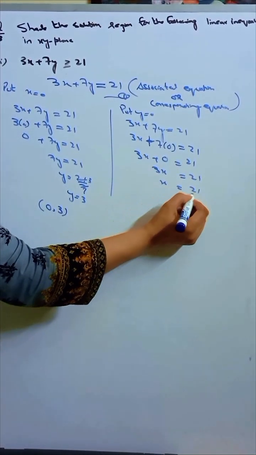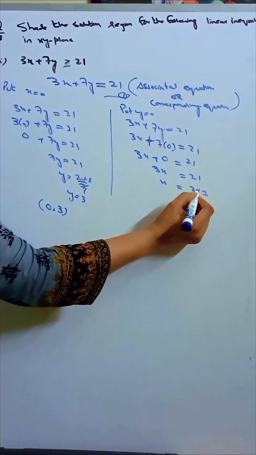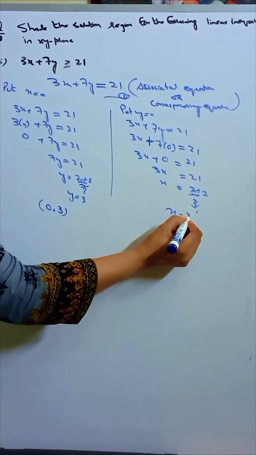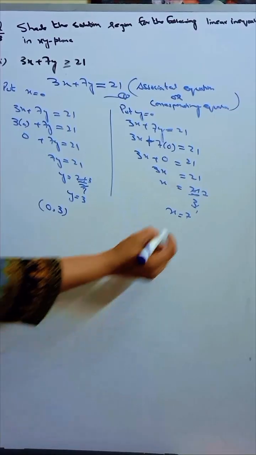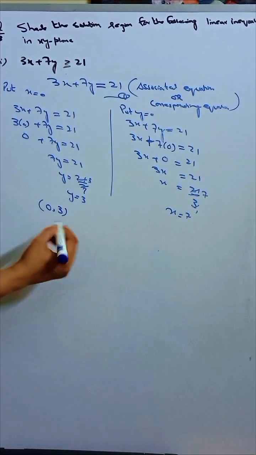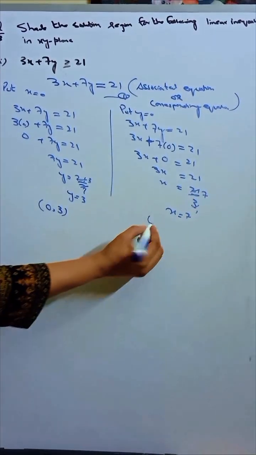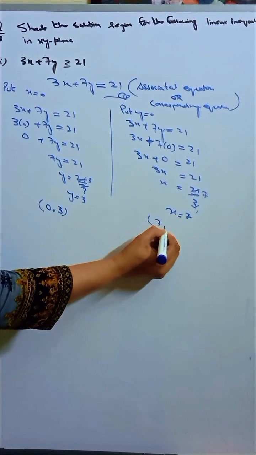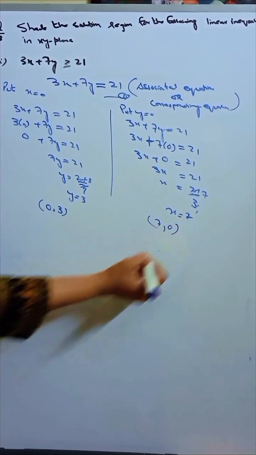X equals 21 over 3, which is 7. So x equals 7. Now what will be the ordered pair we get at that point? X equals 7 and y equals 0.